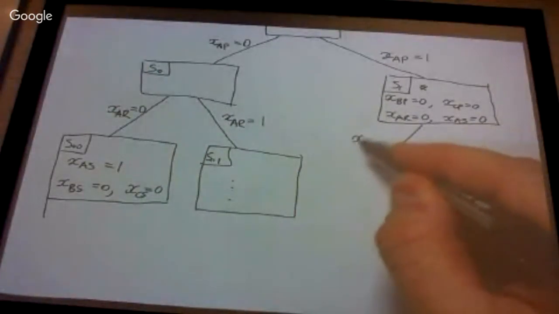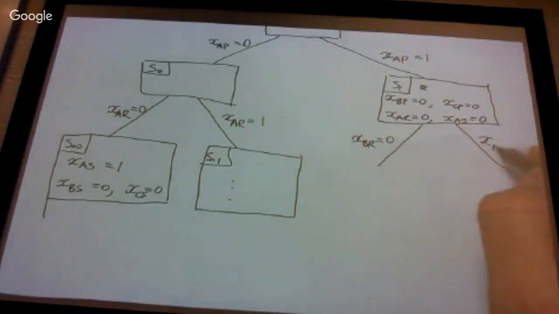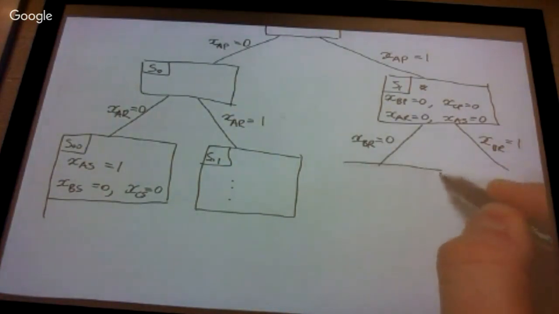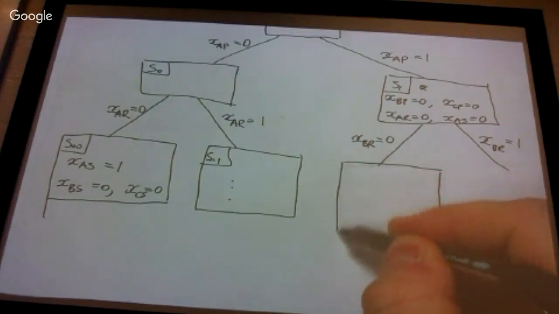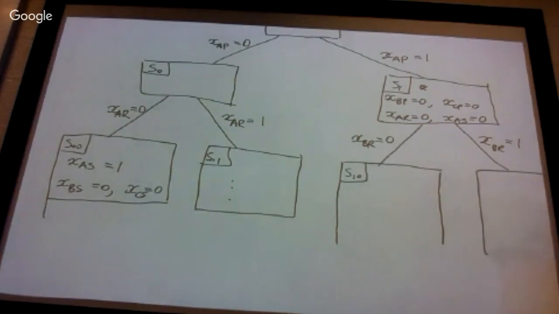Whereas here, for example, I could do XBR equals 0 or XBR equals 1. And there's plenty of things that are determined already.